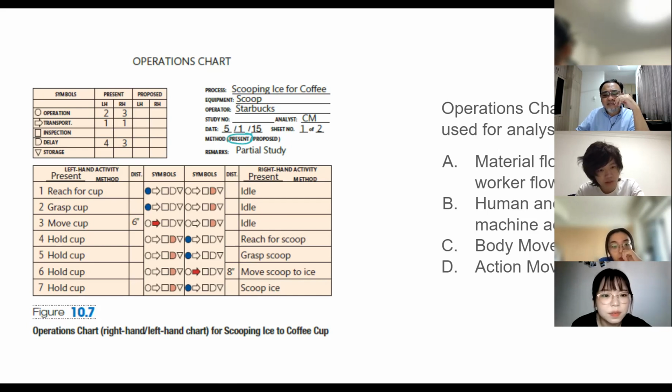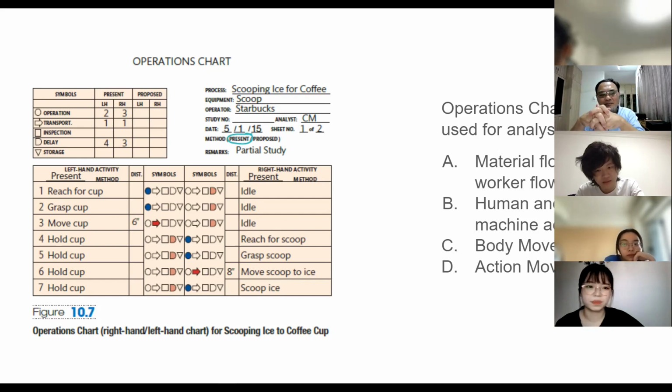I want to ask a question. What's the difference between body movement and action movement? Body movement is the parts of the body, for example, the hands.